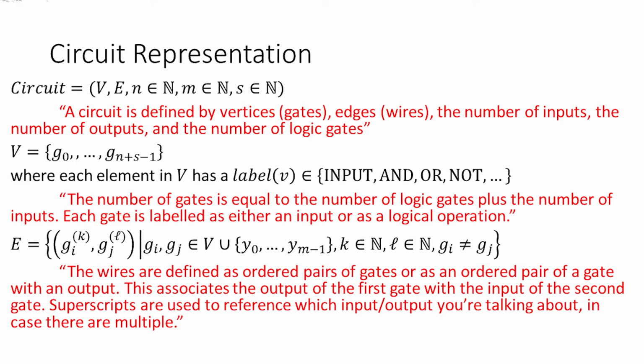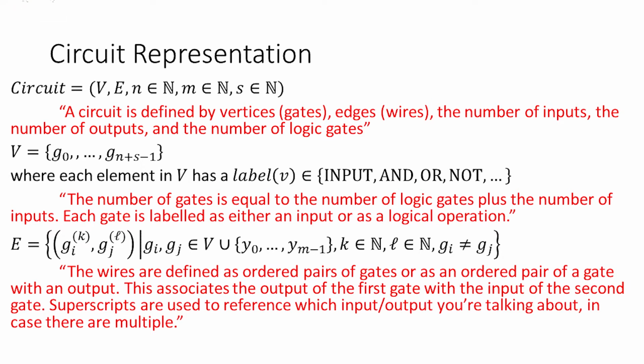So the set of gates V is going to contain N plus S elements, where N in this case is the number of input bits, and S is going to be the number of gates in the circuit. So basically what we're saying is that there's going to be one node in our graph per gate in the circuit, as well as one node in our graph for every single input.